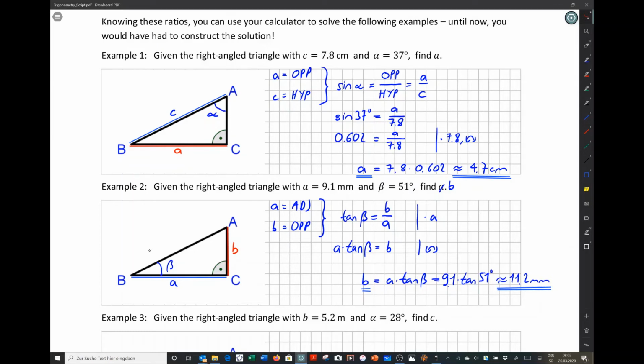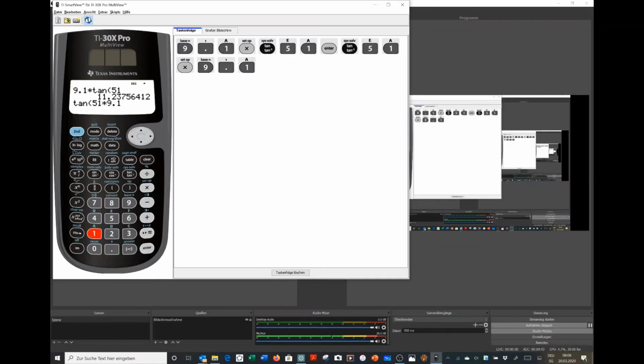So to avoid that problem, it's just simpler to always write 9.1 times the tangent of 51. What I mean is that if you do it the wrong way, like shown here, so you don't close the brackets after the 51, you'll get a completely wrong result.